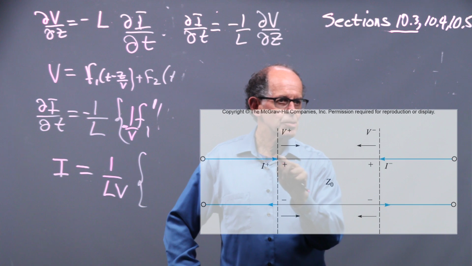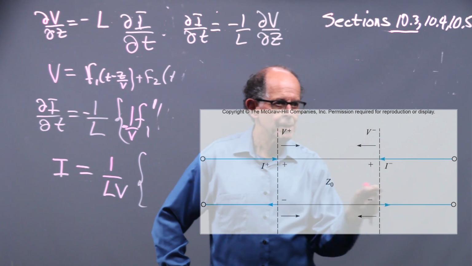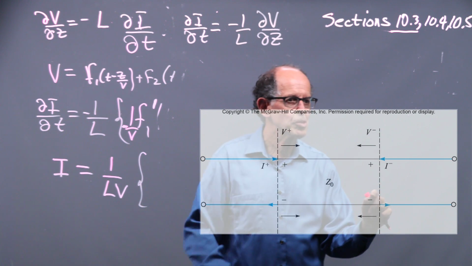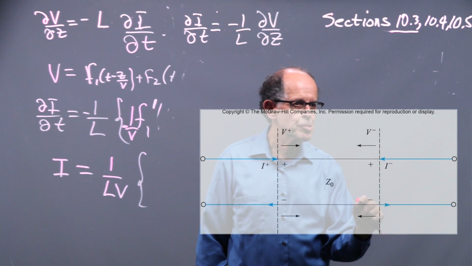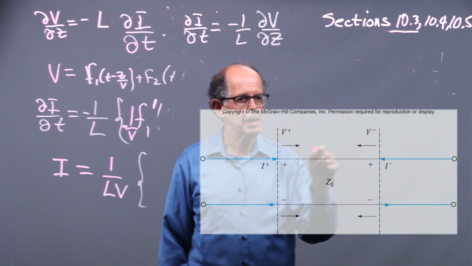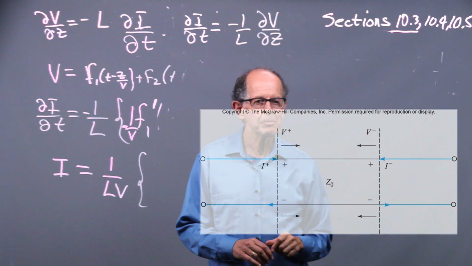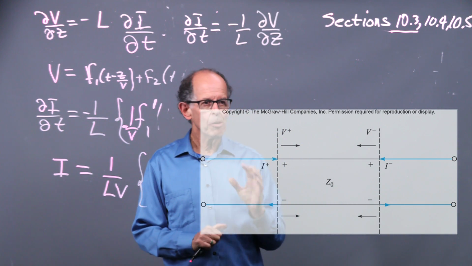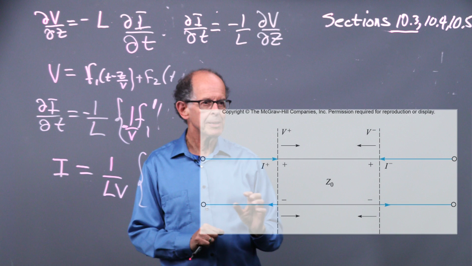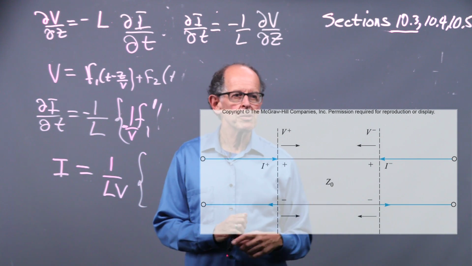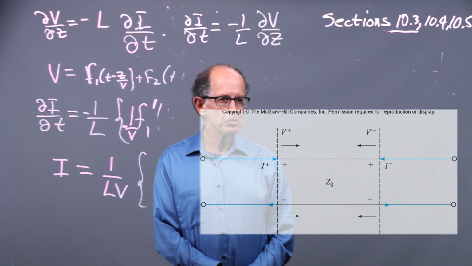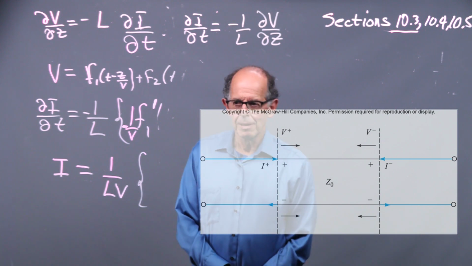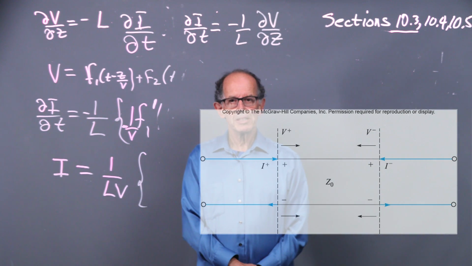So I plus, forward and back, and I minus, which we normally think of this way, is going in the opposite clock sense. So it's going this way and coming back. And that diagram 10.4 in the text is very confusing, so I hope you understand what's going on. The reason the blue arrows are the way they are for the current is due to the polarity reversal. And that's it for section 10.3.